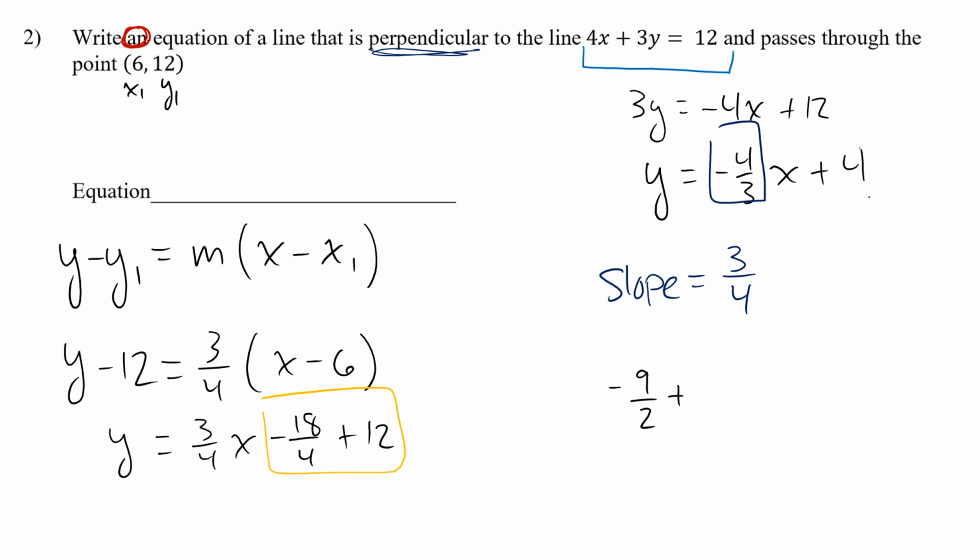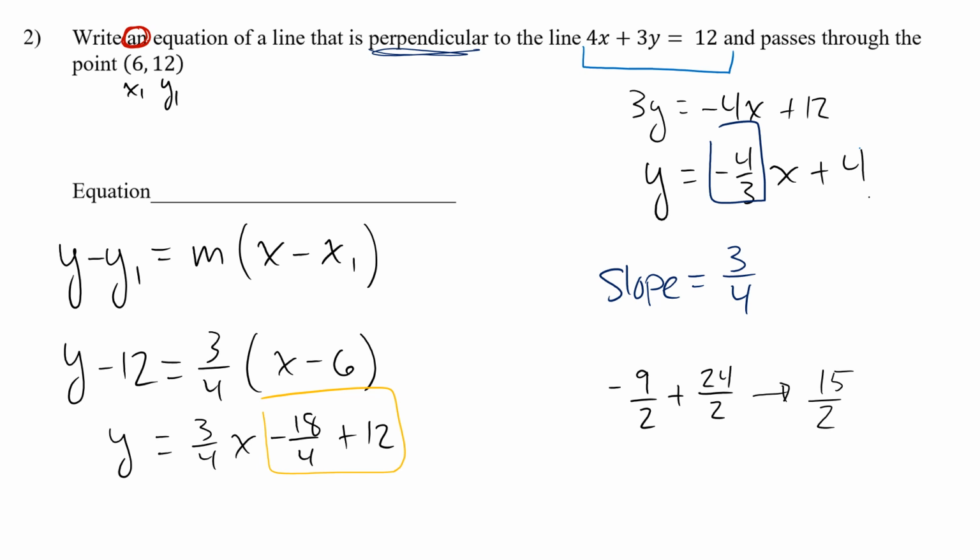And I'm adding to that, I'm going to take the number 12 and turn it into halves and write it as 24/2. And if I combine those, I'm looking at 24 minus 9, which is 15. So this becomes a positive 15/2.